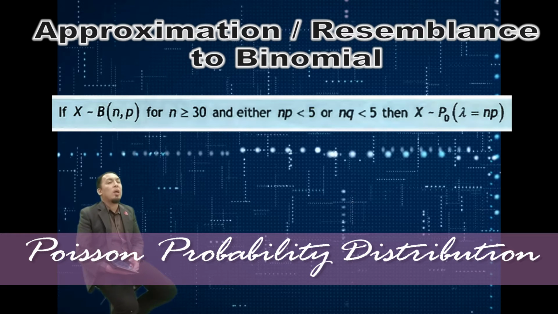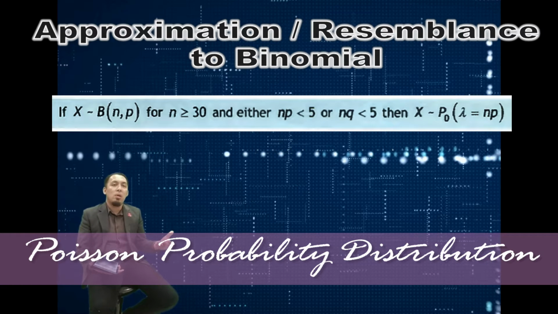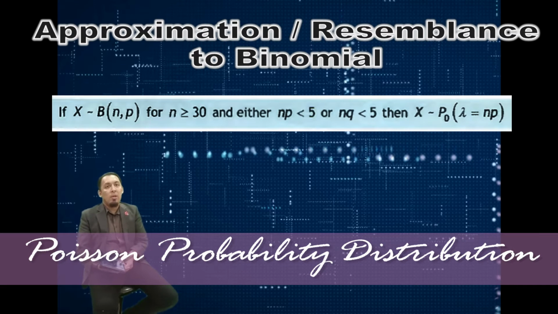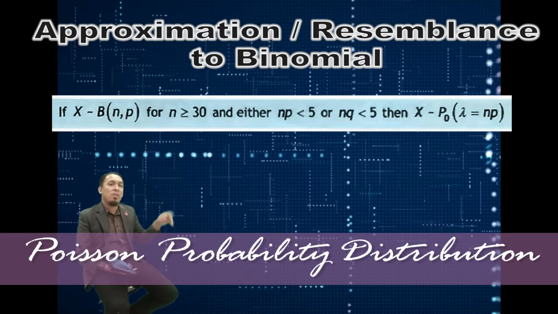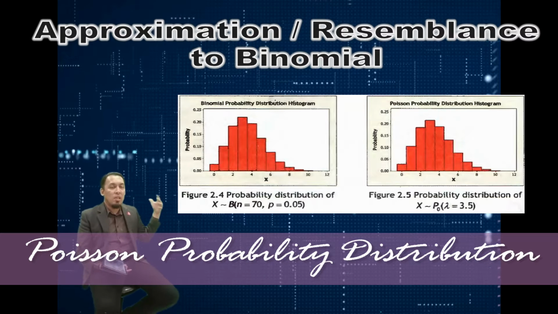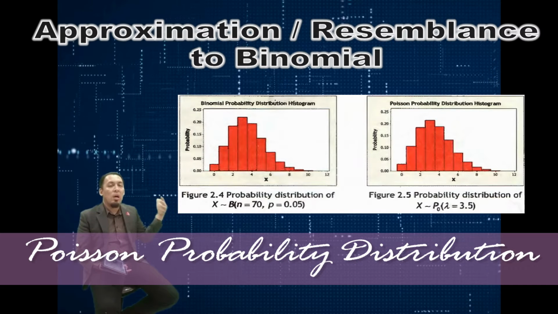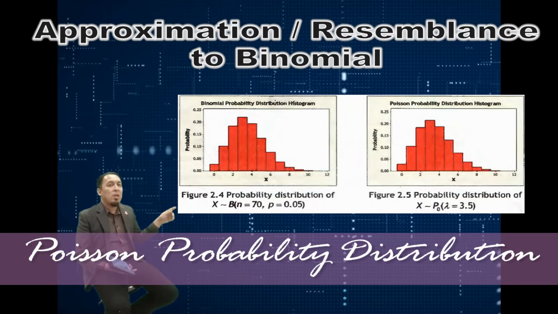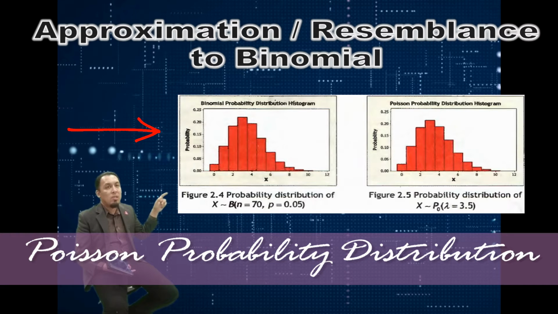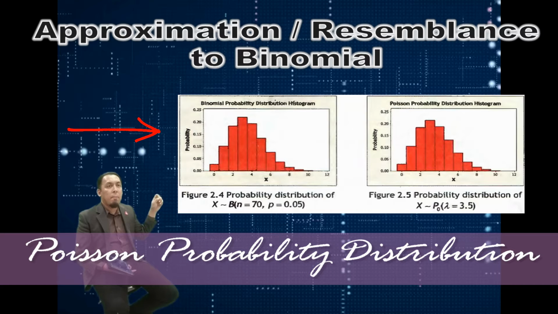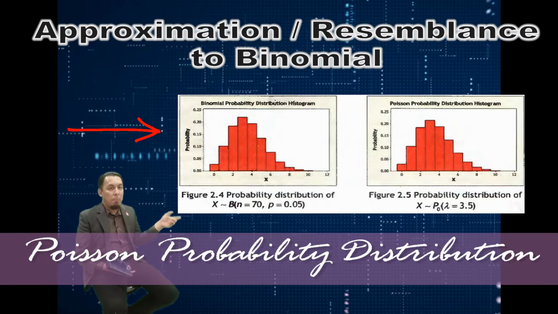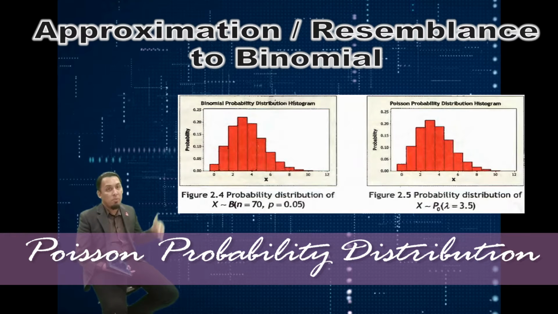So why can we apply it like that? What makes the situation possible? The answer lies in this graph. At first glance, you can see that these two graphs are actually similar. However, the one on the left is binomial, with n 70 and p 0.05, which is n large and p small.